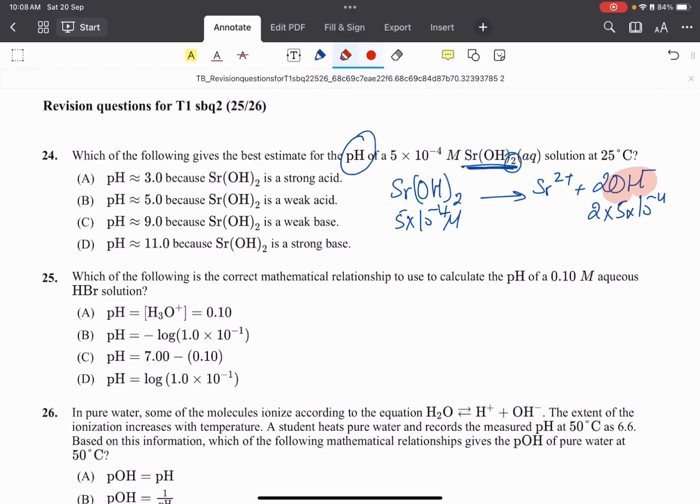So having the concentration of OH minus, you first find pOH, minus log of this value, 10, because I multiplied 2 by 5. Once you have the pOH, you're going to use the formula of 14 minus this value.